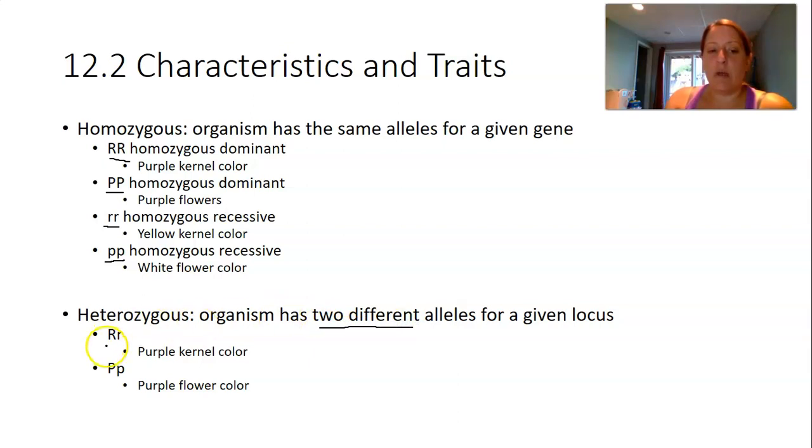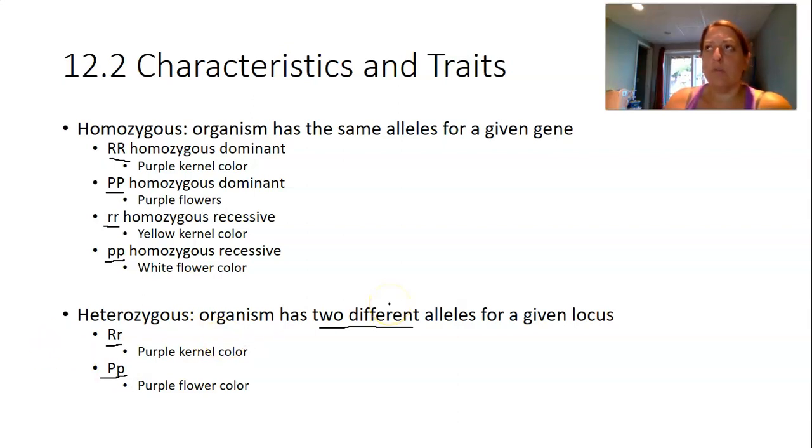So again, in lab, our purple kernels can be big R, little r, and the purple flower phenotype can be conferred by big P, little p. Remember, I'm saying can because the homozygous dominant and the heterozygote both have the same phenotype. Okay.